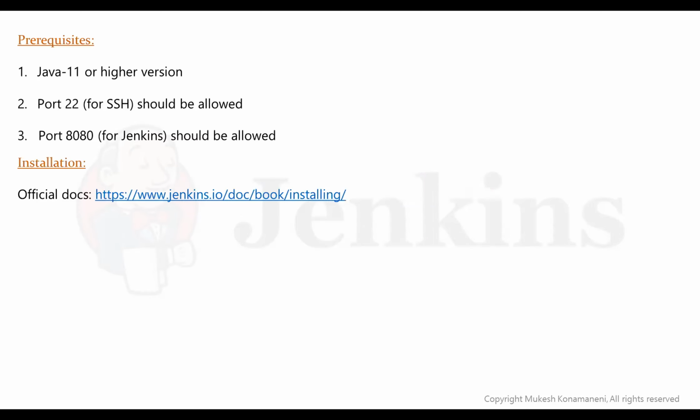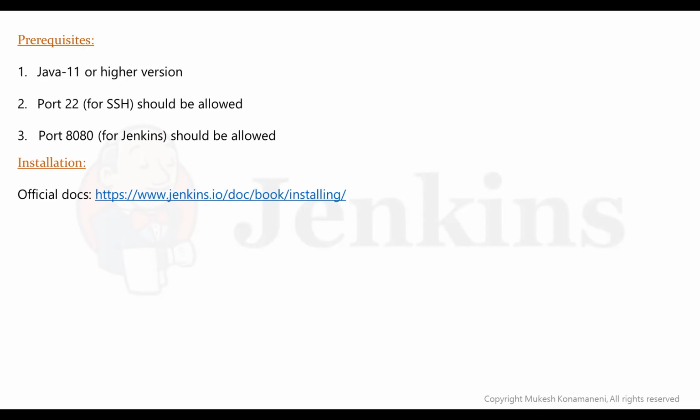So first prerequisite for installing Jenkins is to install JDK 11 version or higher than 11 version. Second is we need to allow port 22 so that we can log in into the instance using SSH method.